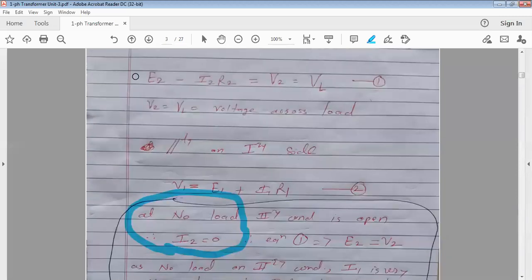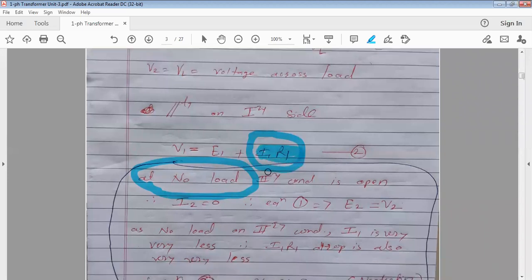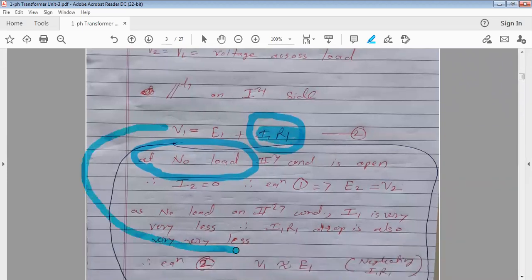So if I2 is 0, what is the relationship between E2 and V2? Same, equal. And if the transformer is at no load condition, is the current flowing through the primary minimum or maximum? Minimum. Very good. So you can neglect this I1 R1 drop. If you neglect it at no load condition, what do we get? V1 is equal to E1, isn't it?